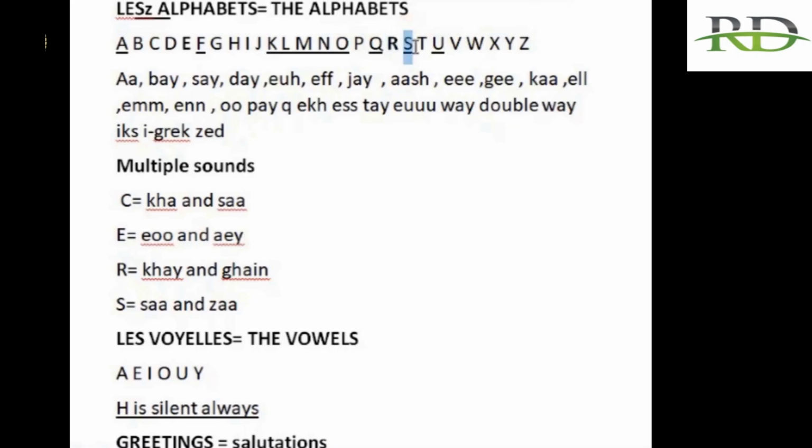S, same as English, s, te. Again, from which language? Urdu. There's no the in French. It's the, they. You. It's not you, it's you.